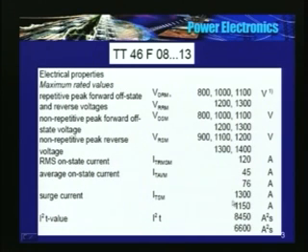See the surge current rating, 1300 amperes. I had explained to you what is surge current and when it flows. Another important parameter, I squared t, current squared time rating, is required to determine the fuse. 8450 ampere squared seconds.